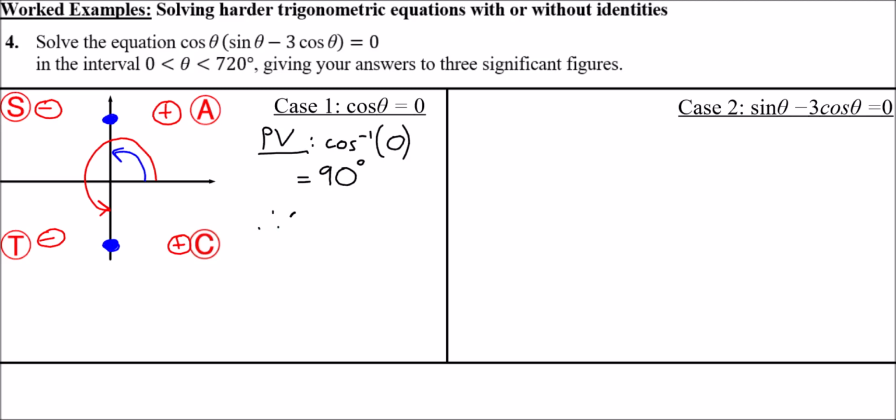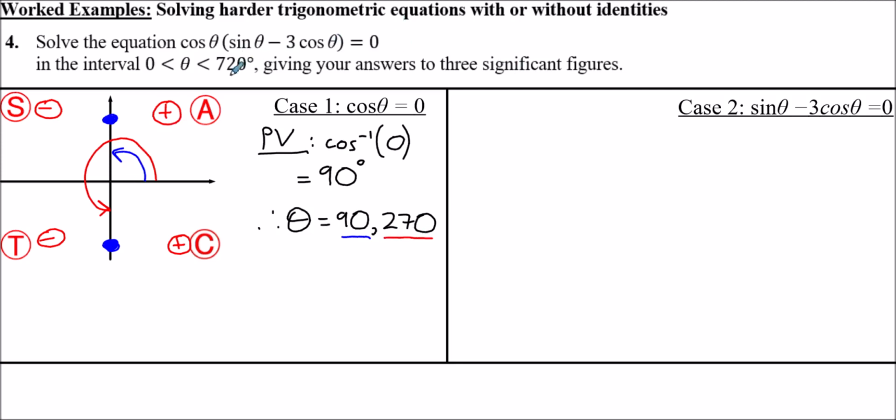So in this range, theta could be 90, or it could be 270 as well. 90 is the angle I drew in blue, which is the principal value the calculator gives us, or it could be 270.